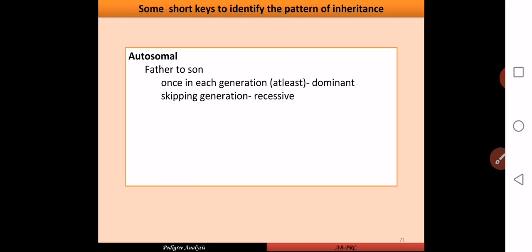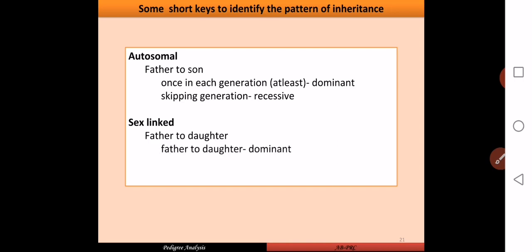So remember, if it is father to son and then skips generations, then it could be autosomal recessive. Or if they are present in all generations of a family, then it could be autosomal dominant, right? And if you want to check whether it's X-linked, then you check whether the transmission is father to daughter, right?